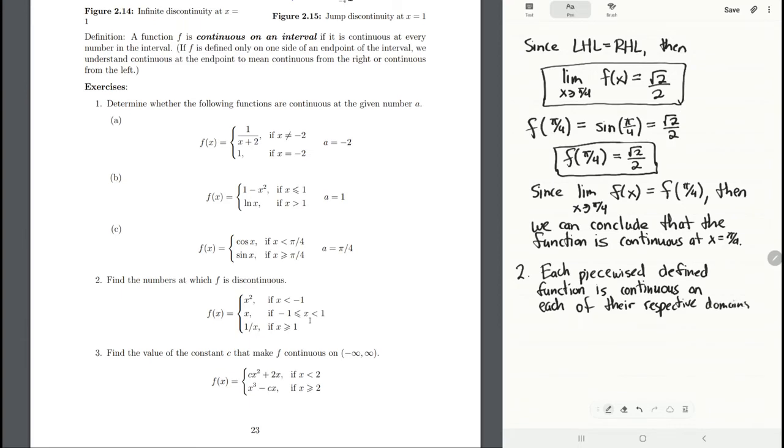Now the points where the function may not be continuous is when the domain changes.